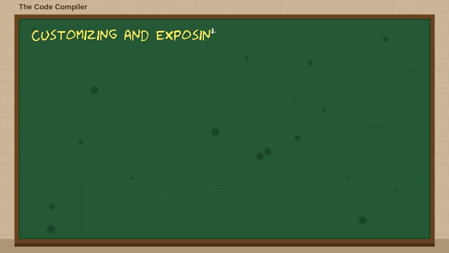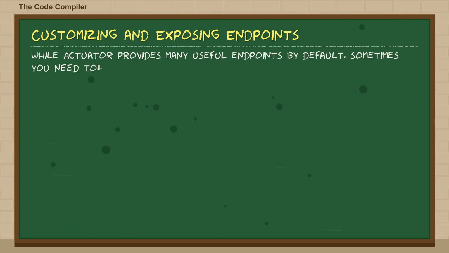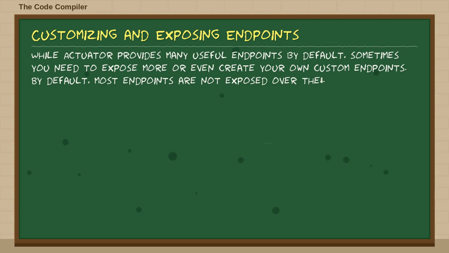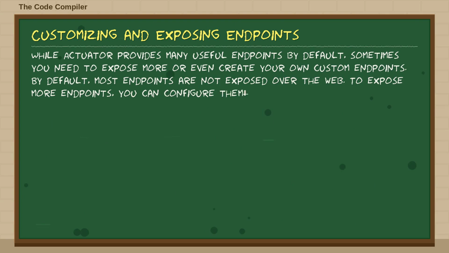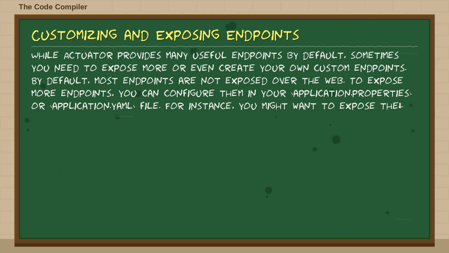While Actuator provides many useful endpoints by default, sometimes you need to expose more or even create your own custom endpoints. By default, most endpoints are not exposed over the web. To expose more endpoints, you can configure them in your application.properties or application.yaml file.